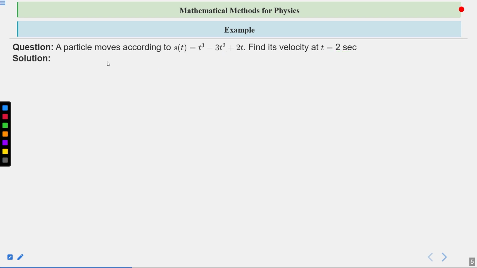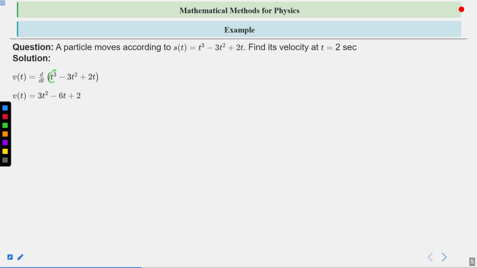Solution. To find the velocity, we know velocity is the rate of change of position. So, it will be the derivative of displacement s of t is equal to t cube minus 3t square plus 2t. So, take the derivative with respect to time.